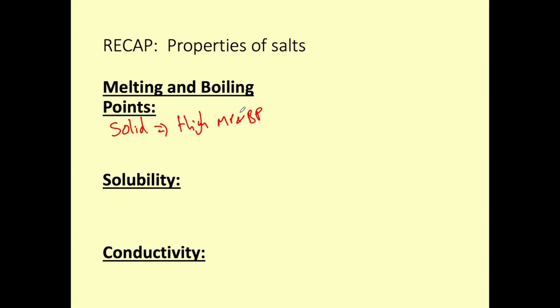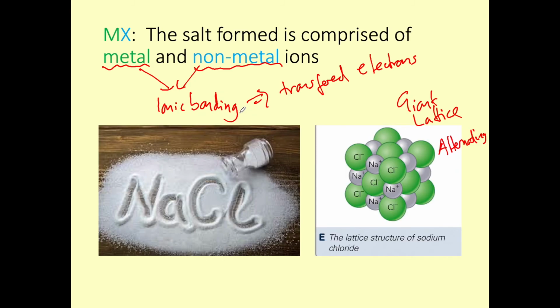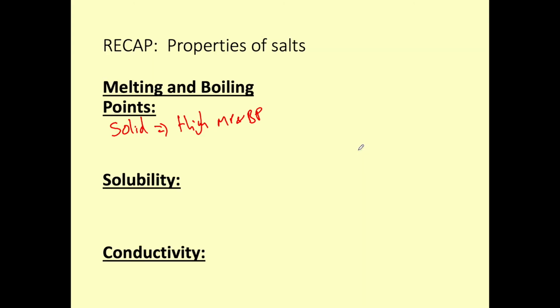The reason for that, if we jump back to our picture, is because of these strong electrostatic attractions between the sodium and the chloride ions. They would need to be broken in order for us to melt and boil. So it's a high melting and boiling point due to strong electrostatic attractions between oppositely charged ions.